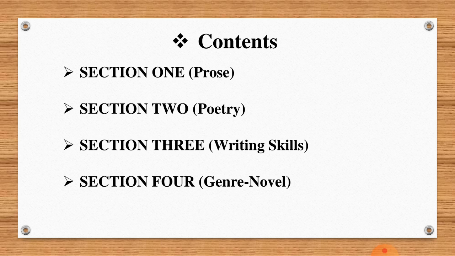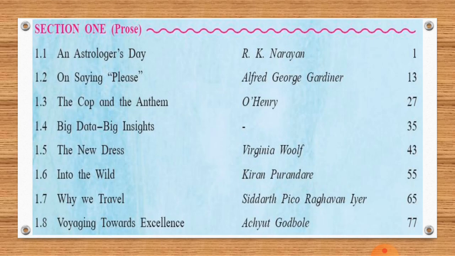So now students, we will discuss these sections in detail with the help of the next slides. Dear students, as you already know about the different sections, you know that section 1 is called the prose section.